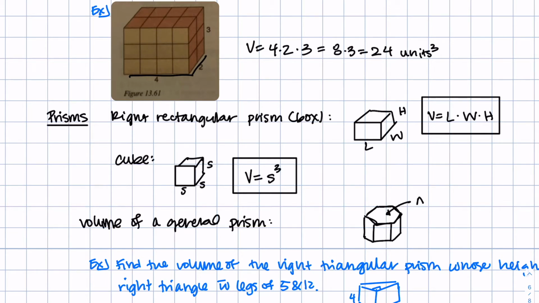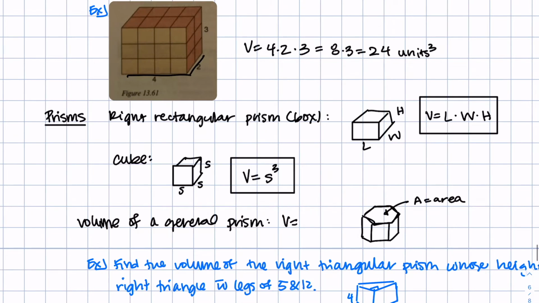A is going to represent the area of that 6-sided figure. And so my volume is going to be the area of that figure. And what we kind of want to imagine doing here for motivating these formulas is I'm going to take that area and multiply it by the entire height.